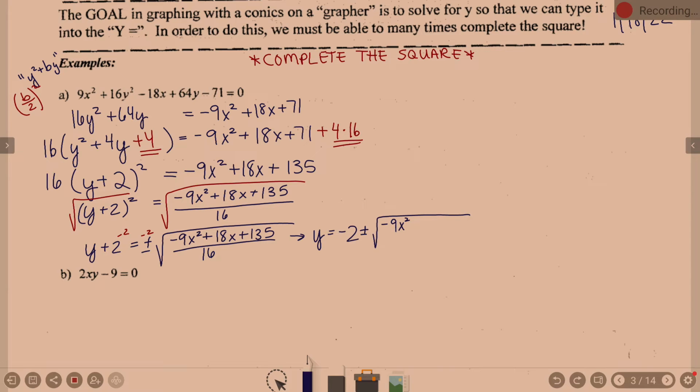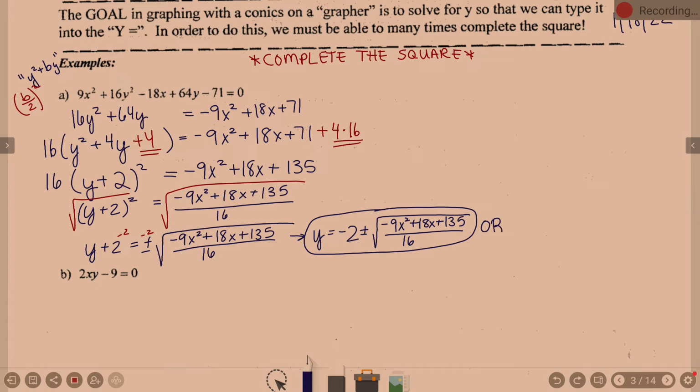Negative 9x squared plus 18x plus 135 all over 16. This is one possible way to type it into the calculator. If you do this, your entire fraction is under the radical, yes? Now, I'm fine if you leave it like that.